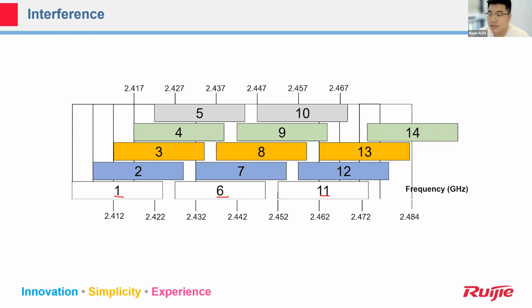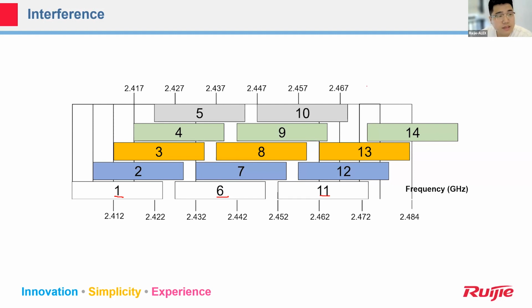It will automatically detect the channels, and then automatically adjust the channels we use. Okay, so this is about the interference that could happen in the WLAN and the ways to reduce or avoid the interference in the network.